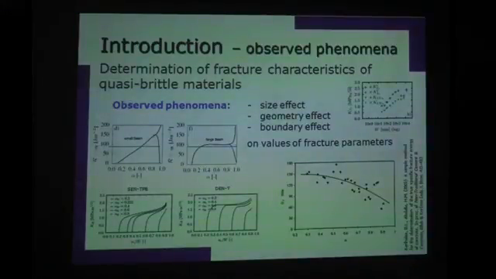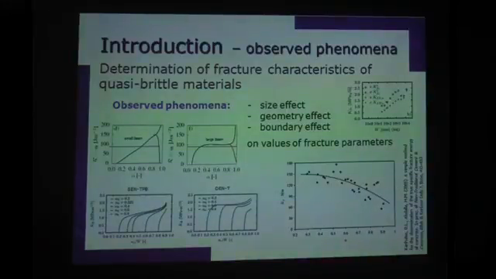So within our field, we usually have to deal with the already mentioned effect of size, or other colleagues talk about some geometry or boundary effect on the fracture parameters determined from the test.